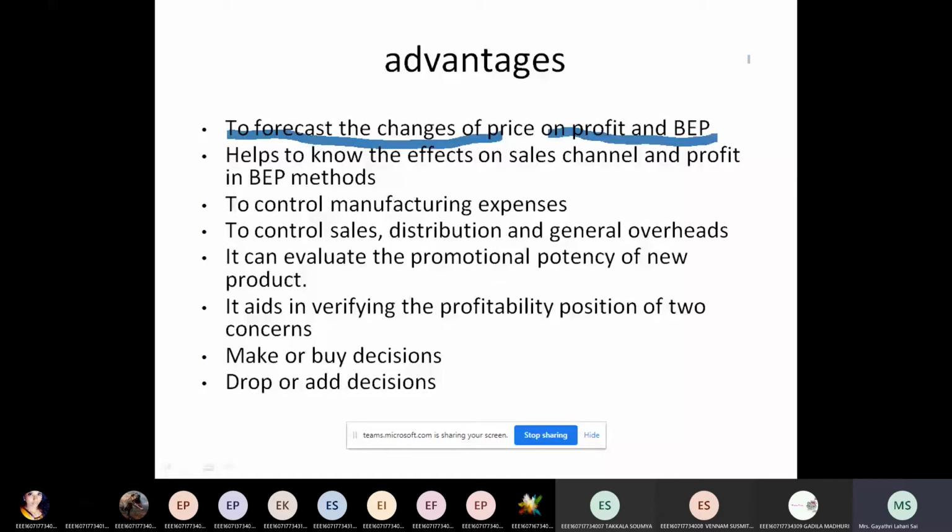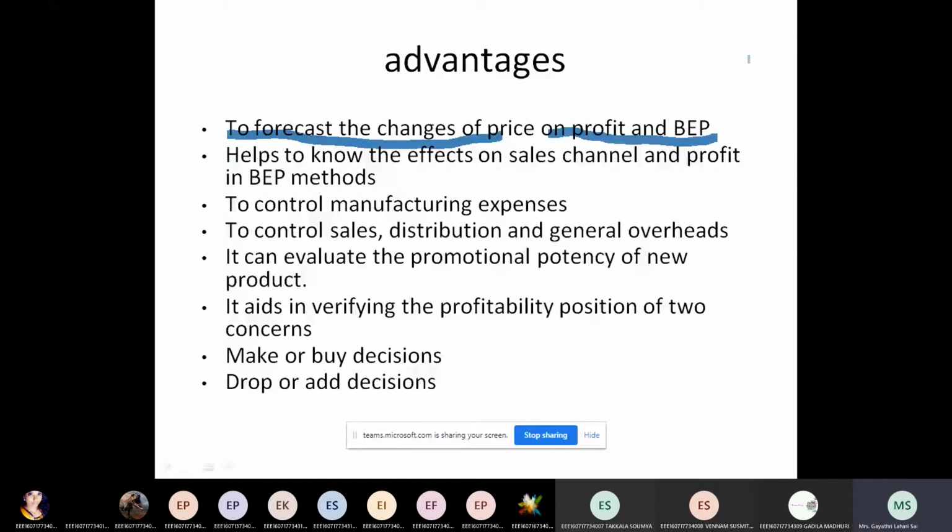Okay, the last one is drop or add. Drop means if you wanted to stop the production of some product which is making some loss in your firm, or if you wanted to add some product in your firm, introduce some other product which is an add on to the product you are doing, here you can decide whether you wanted to drop or add.